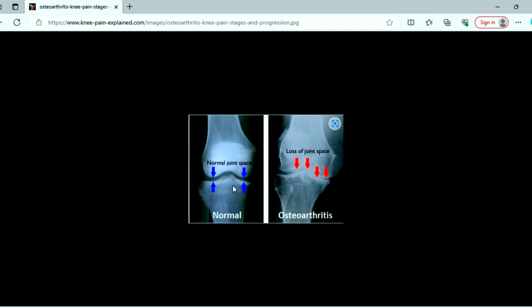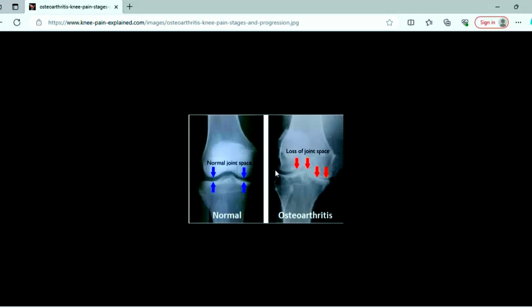The joint spaces are normal. There are no bone spurs or subchondral bone thickening. Nothing abnormal is seen in this X-ray. This is the normal femur, and the tibial tubercles you have seen in this region. These are the spaces of the articular cartilages and the menisci. And you can see here the patella shadowing. This is the fibula, and this is the tibia.